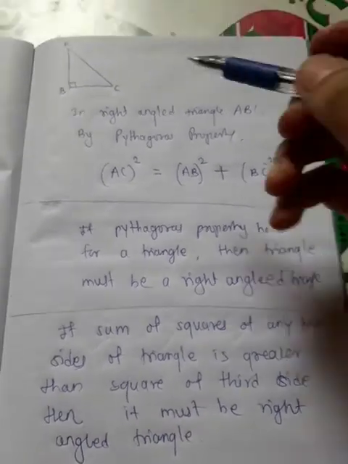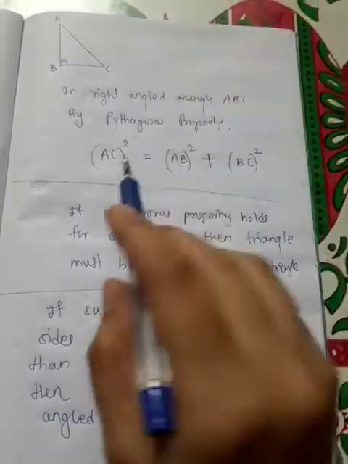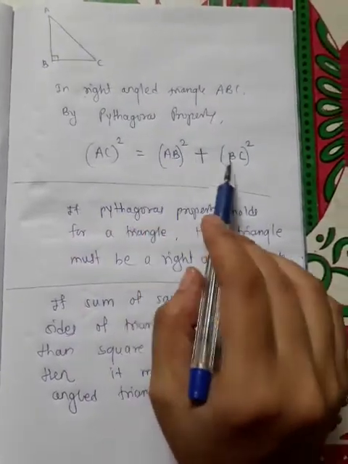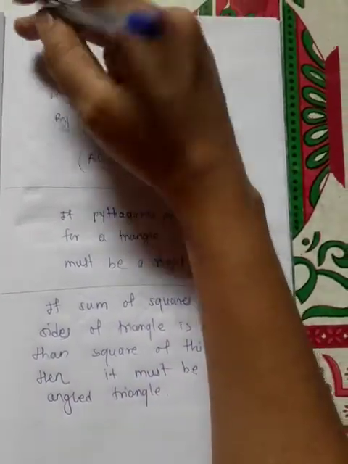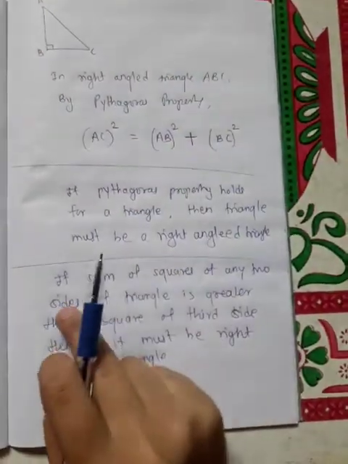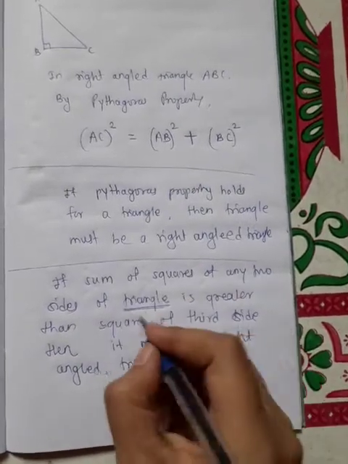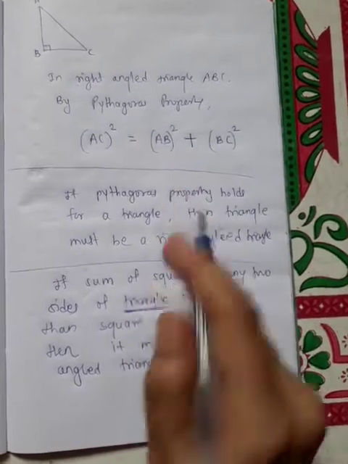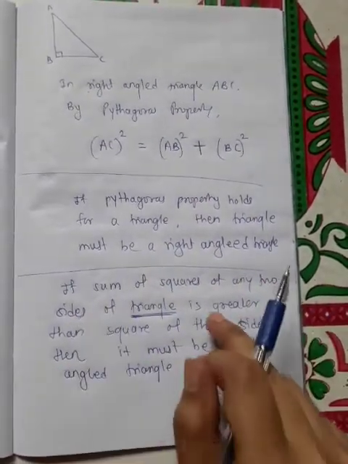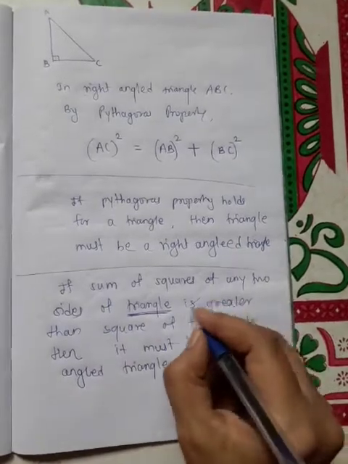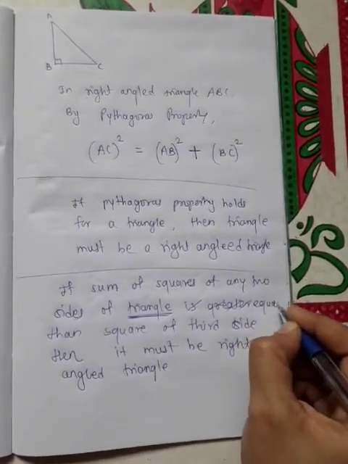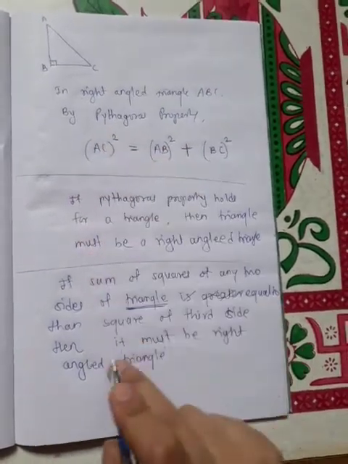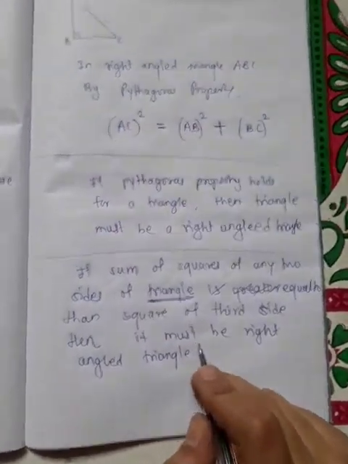Means if the given triangle is right angle, then this property holds: hypotenuse square is equal to sum of squares of legs. So you observe that this is one side, and this is the remaining two sides. So if in any triangle, the sum of squares of any two sides is equal to the square of the third side, then it must be a right angle triangle.